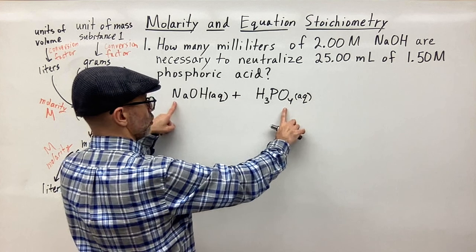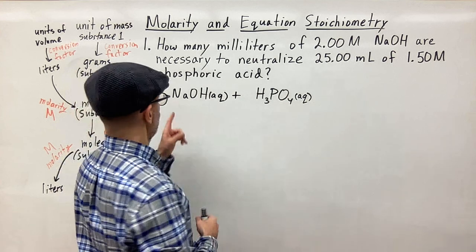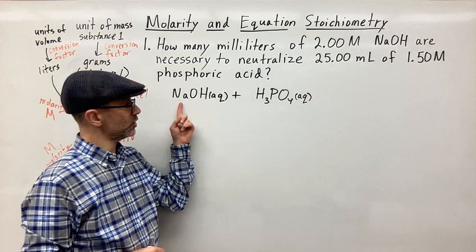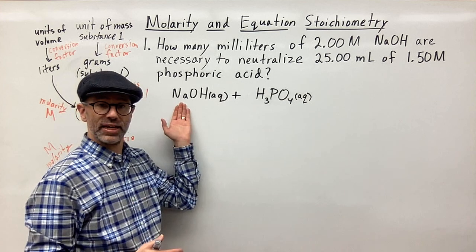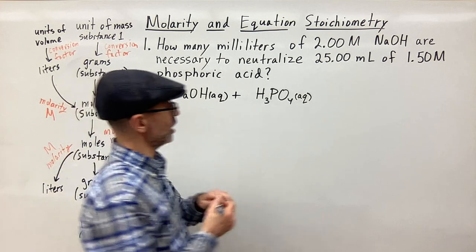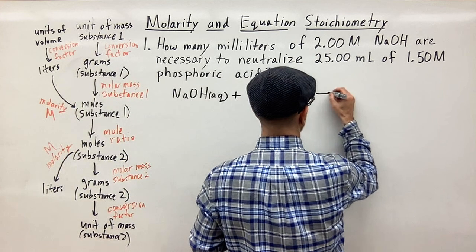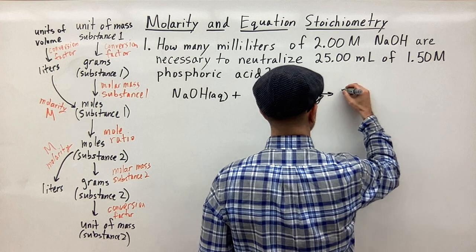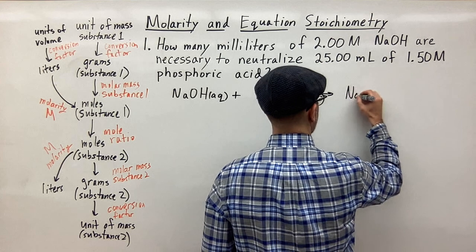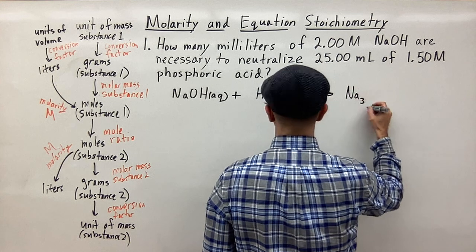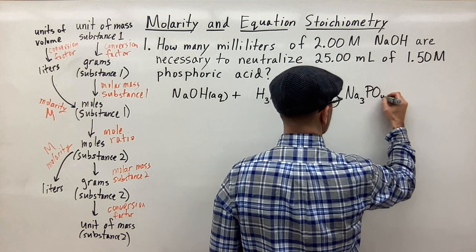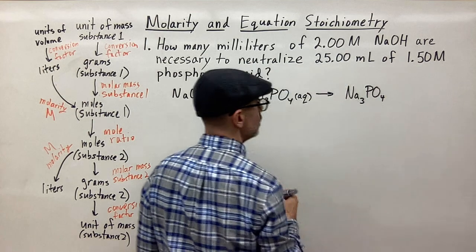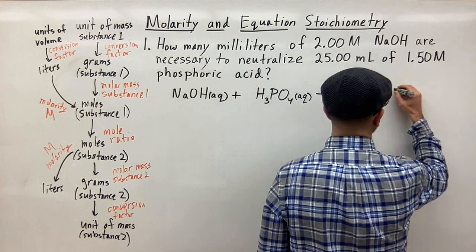So here we have sodium going with phosphate. Sodium has a +1 charge. The phosphate ion has a -3 charge. We need 3 sodiums to balance the charge. So here we're going to have Na3PO4 for the first one.